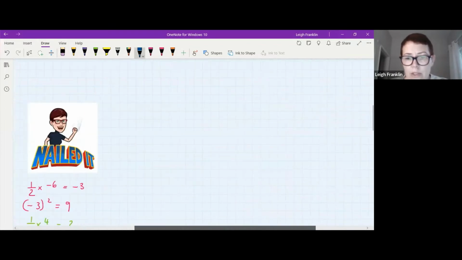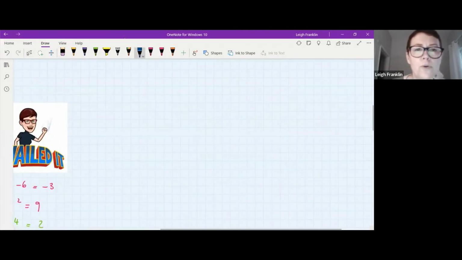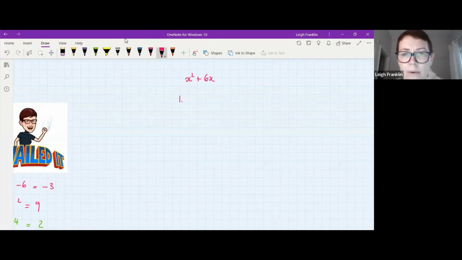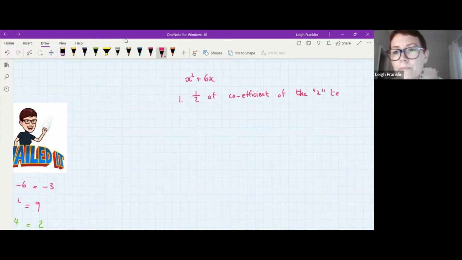So you've got x² plus 6x. Step number 1 is to take half of the coefficient of the x term. In this case, it's half of 6. Then, once you've worked out what half of the coefficient is, you're going to square it.